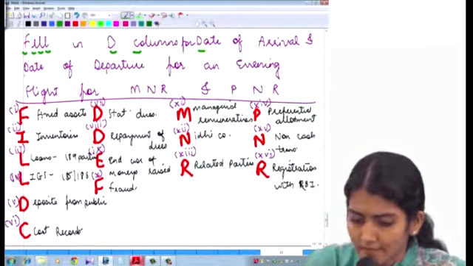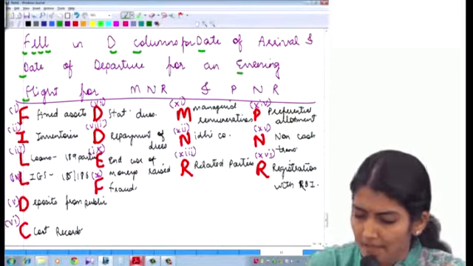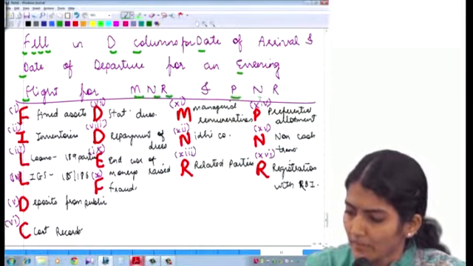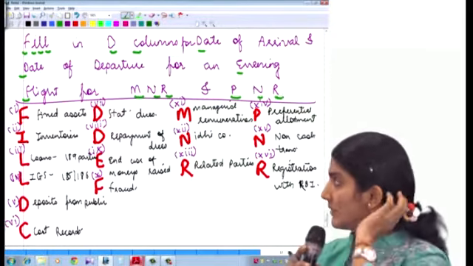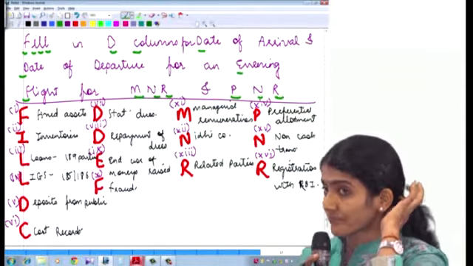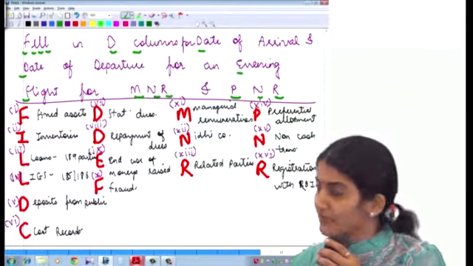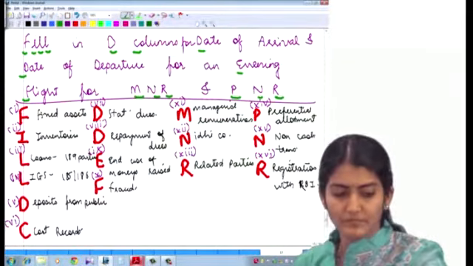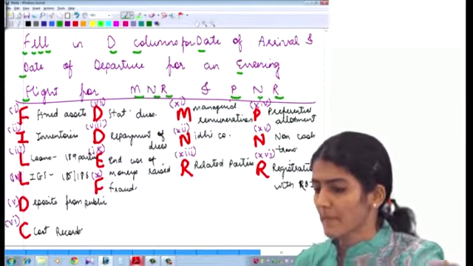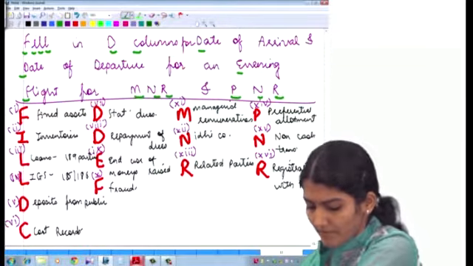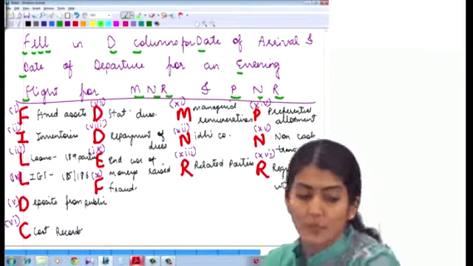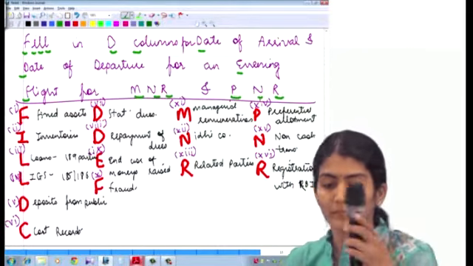Fill in the columns DD, EF and then MNR and PNR. Right?